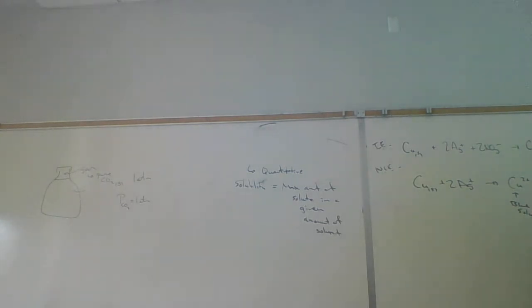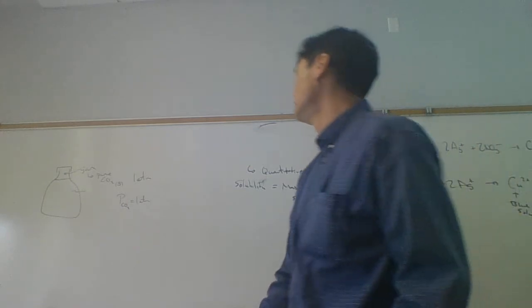So this is 0.039 atmospheres of carbon dioxide per 100 atmospheres of air. What if I have 1 atmosphere of air? How many atmospheres of CO2 do I have?